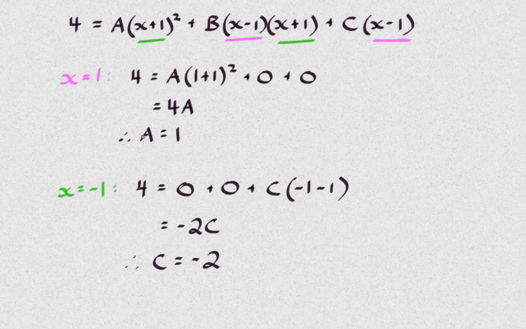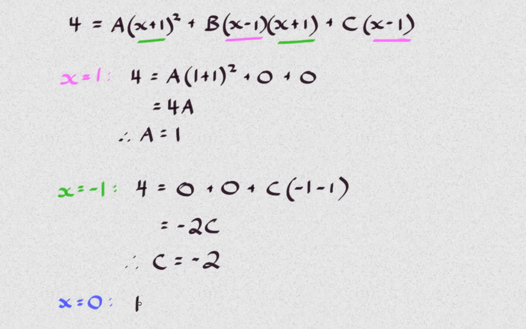But since we now know a and c, and remember x can be any value, let's just choose a value of x, preferably one that makes things relatively easy, sub in the values of a and c that we now know, and solve for b. So, values of x such as 0 would be really good. We don't want to choose 1 or -1, remember, because we've already used them. So let's go with 0.